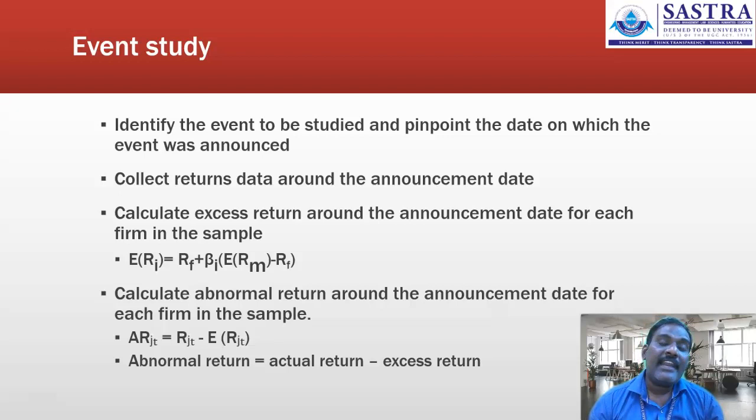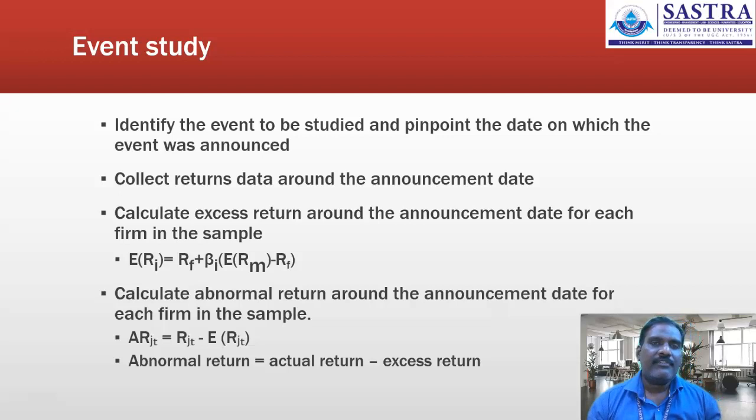I'm going to collect 10 working days prior to it and 10 working days after it, the stock prices of the specific stock for the past 10 days and the next 10 days.